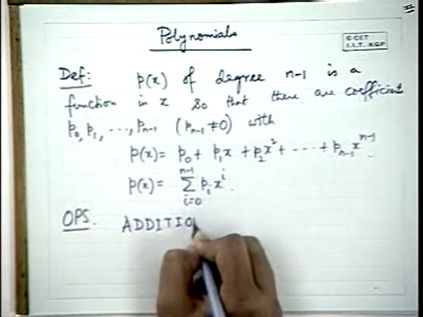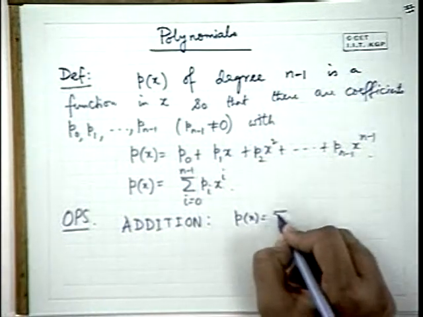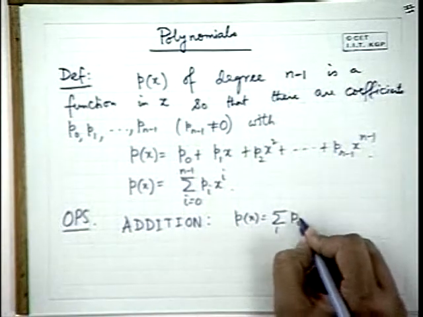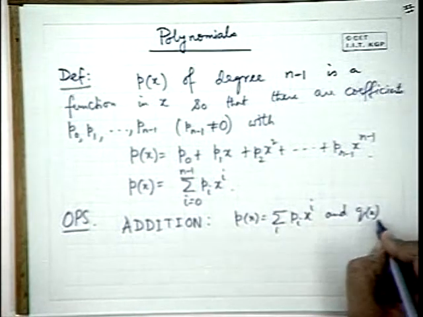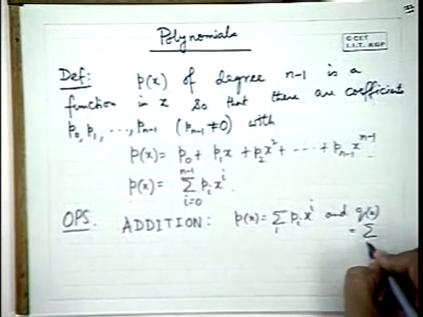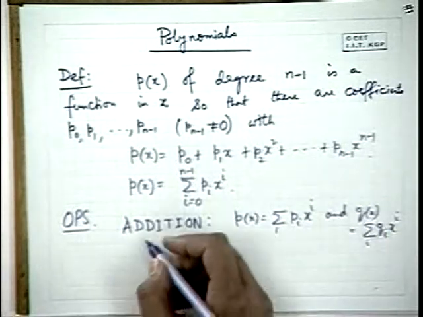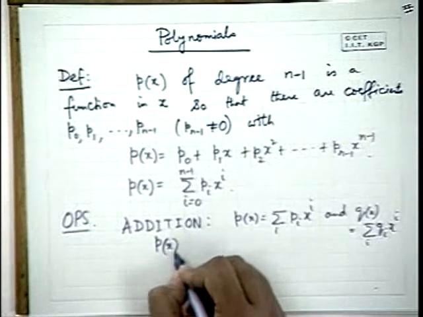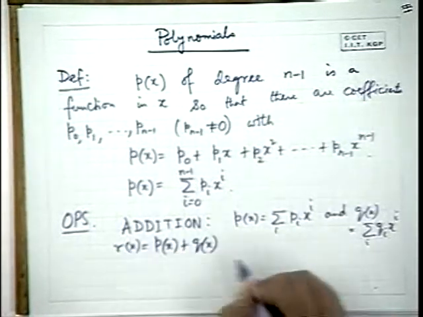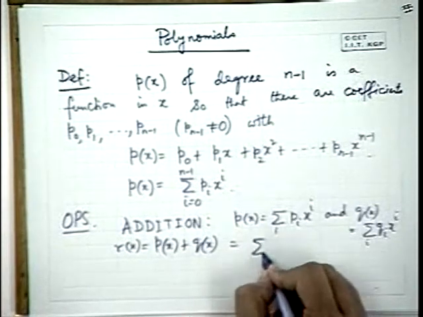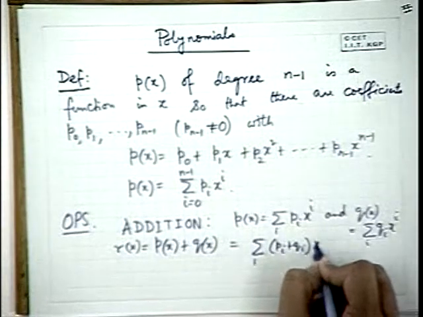So, given two polynomials, say P(x) equal to sum of Pi x^i and say Q(x), which is sum of Qi x^i, then we are asking to compute P(x) plus Q(x), a new polynomial, say this is R(x), which is nothing but the summation over i of (Pi plus Qi) x^i.